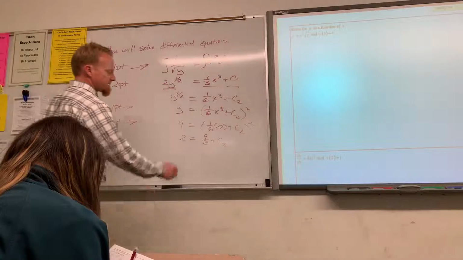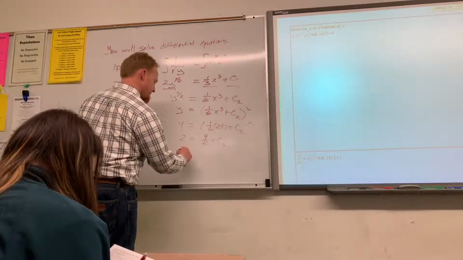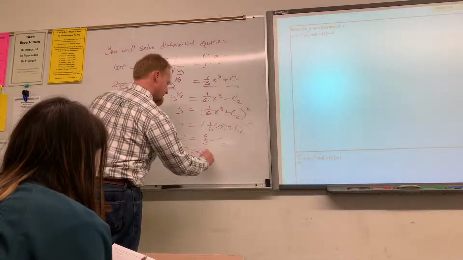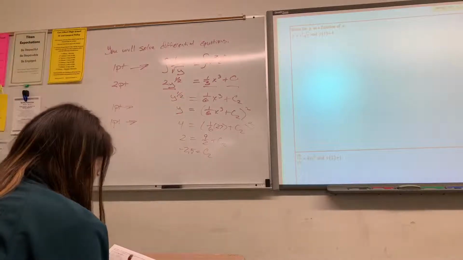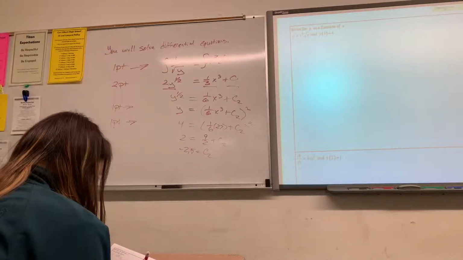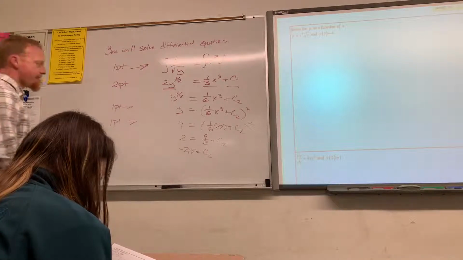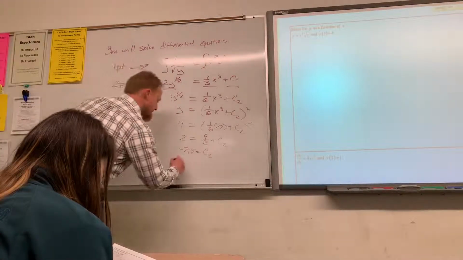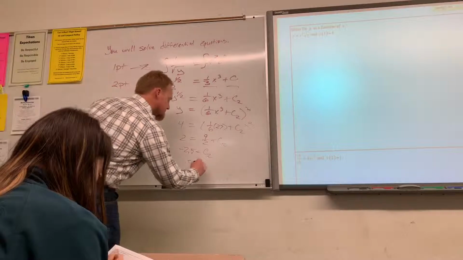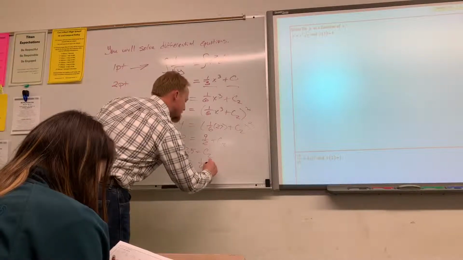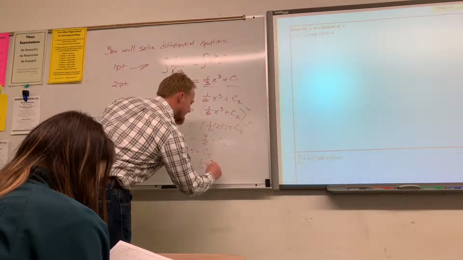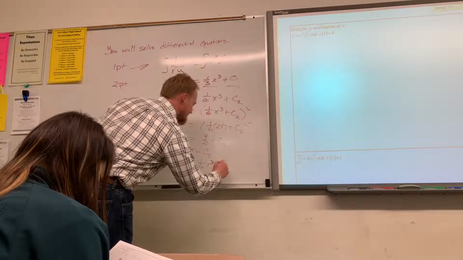And subtract. So this is 4.5. So c2 equals negative 2.5. Plug it back in. And you can leave it as 9/2 if you would like.